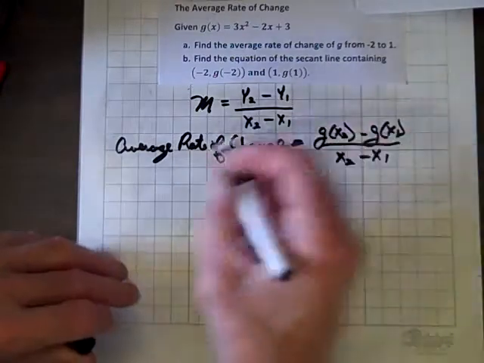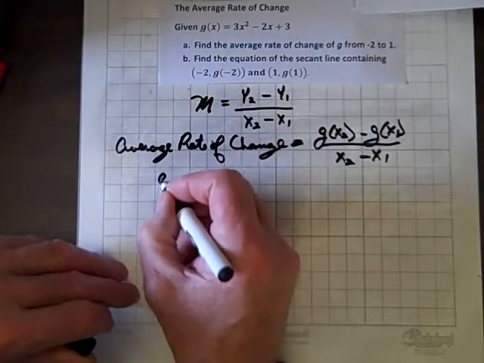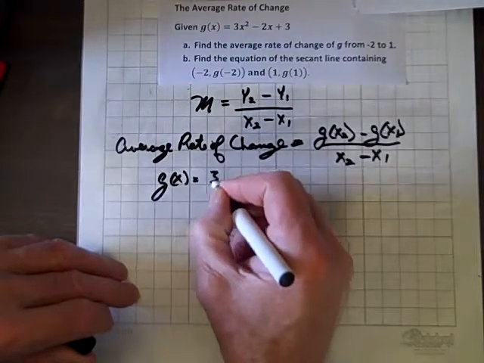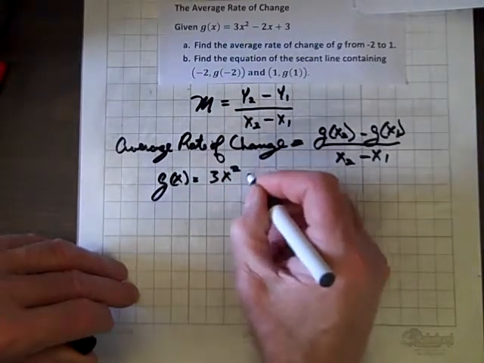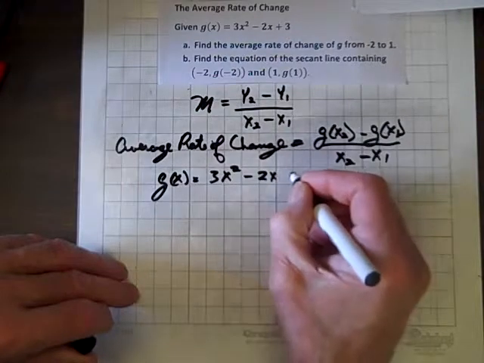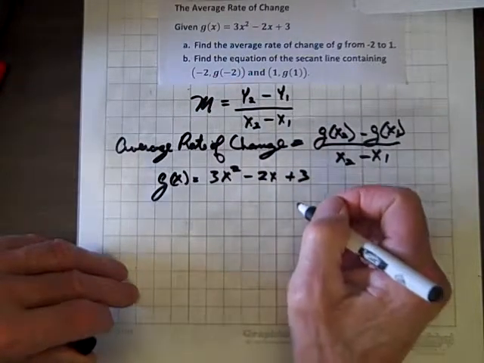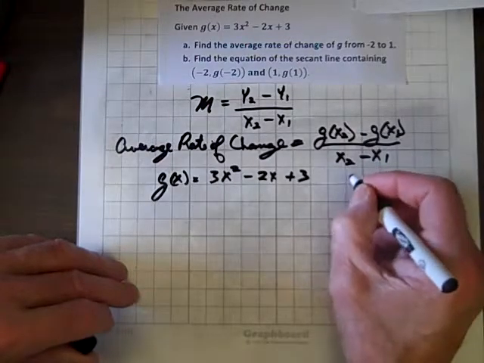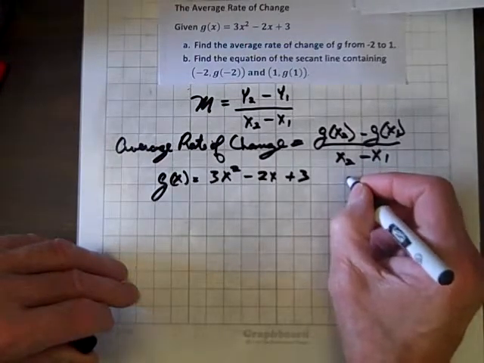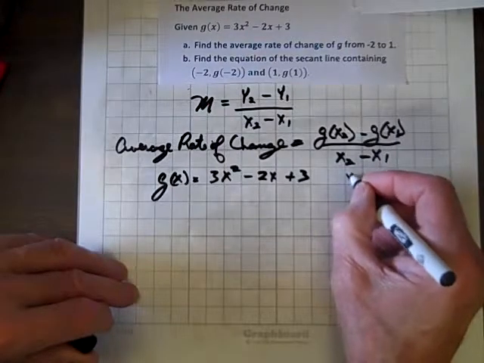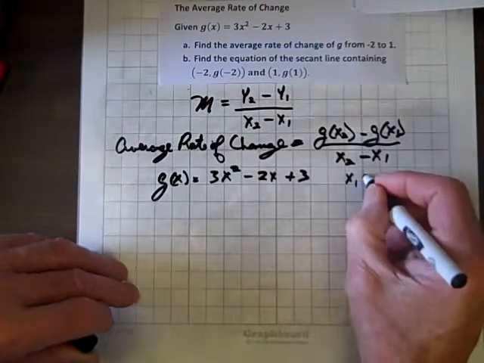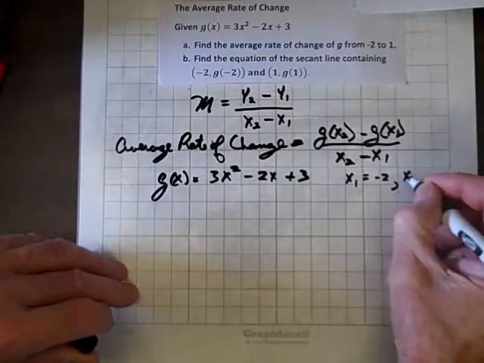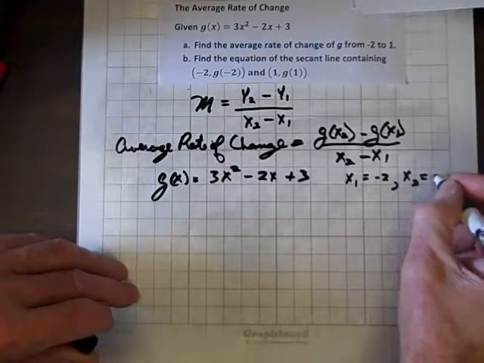Now what is g? Well, in this case, g of x equals 3x squared minus 2x plus 3. And the x coordinates we're talking about are x sub 1, for example, we'll claim equals negative 2, and x sub 2 equals 1.